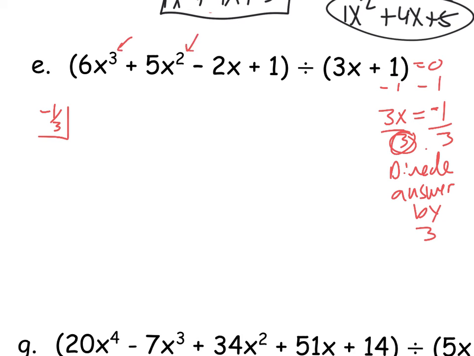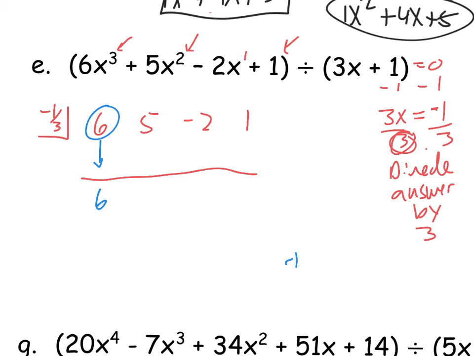x cubed, x squared, x to the first, and then no x, so it's 3, 2, 1, 0, so it goes in order. 6, 5, -2, and 1. Skip a space and start bringing them down. So I'll bring down the 6 first. -1/3 times 6 over 1, that's going to give you -6 over 3, or -2.